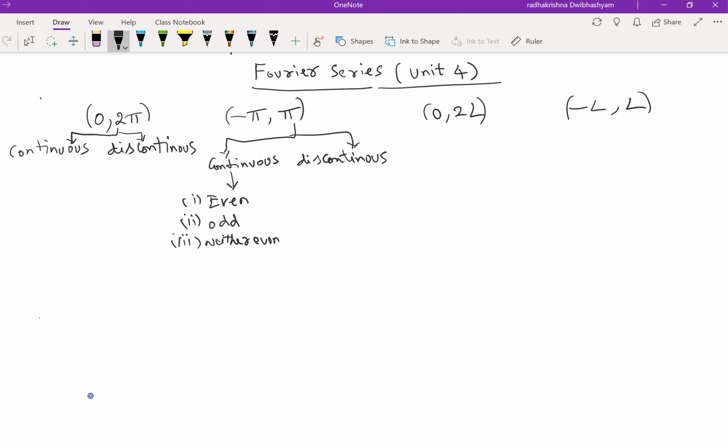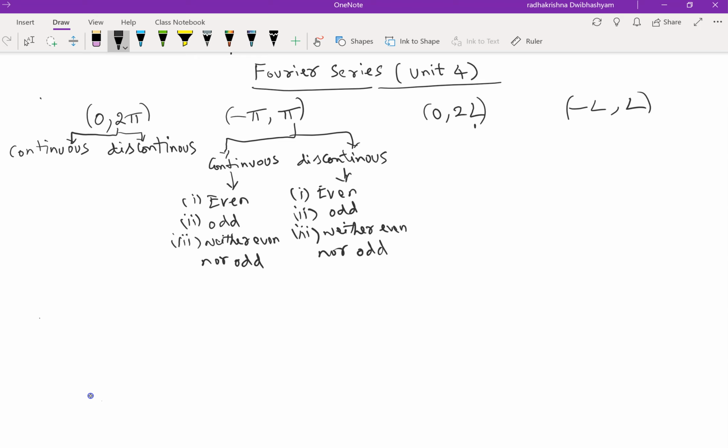Again in discontinuous functions, we may find even functions, odd functions, or neither even nor odd.